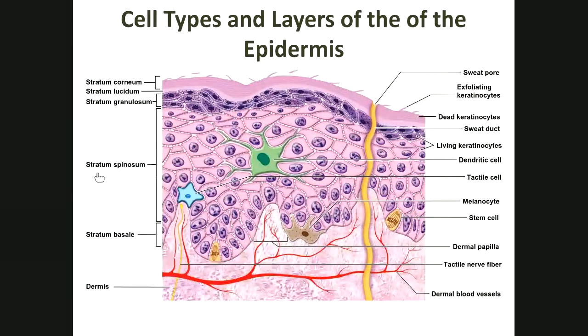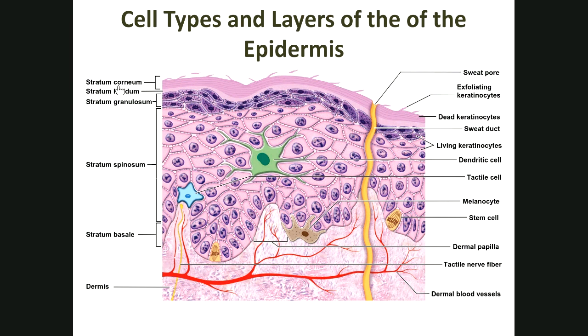After that, we have stratum spinosum. Then you can see stratum granulosum. After that, we have stratum lucidum. And the most superficial layer is called stratum corneum.